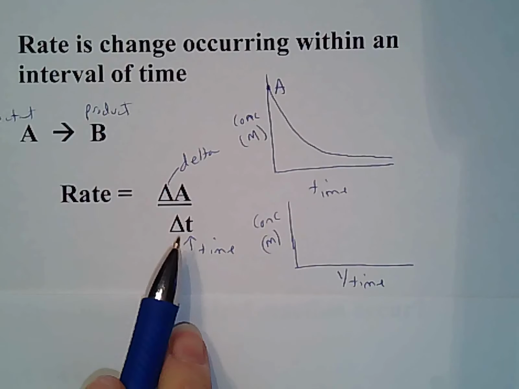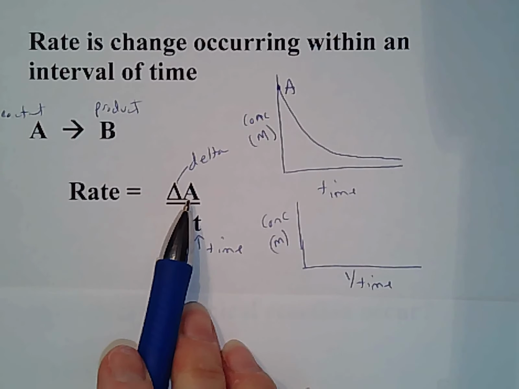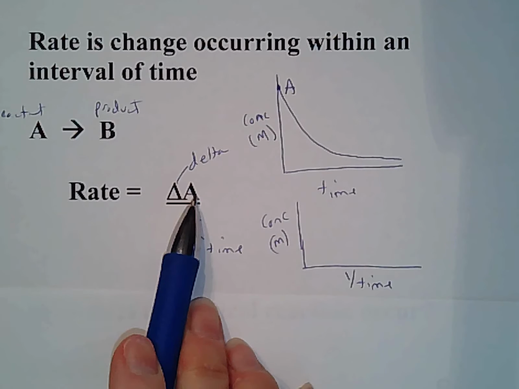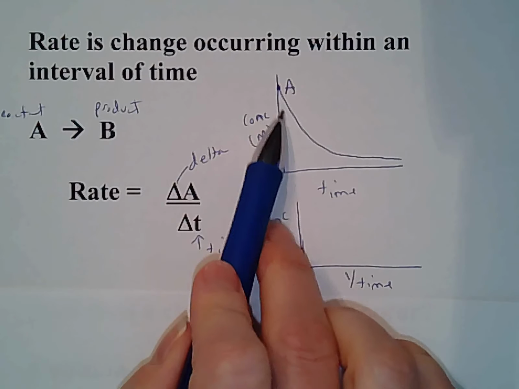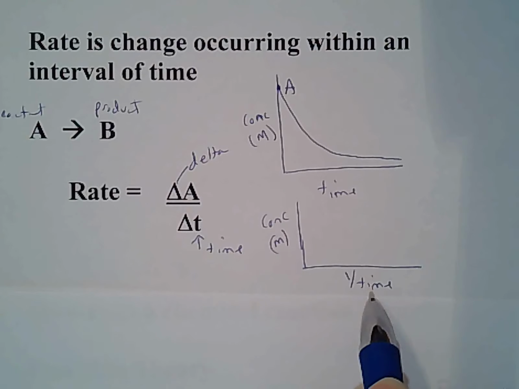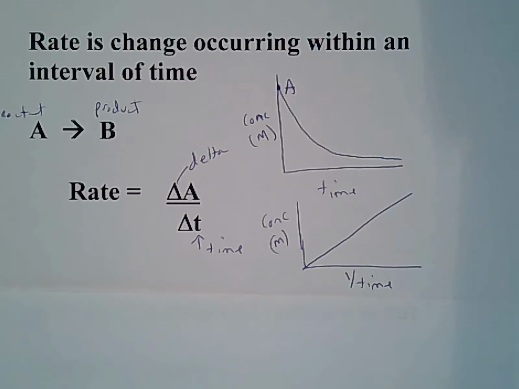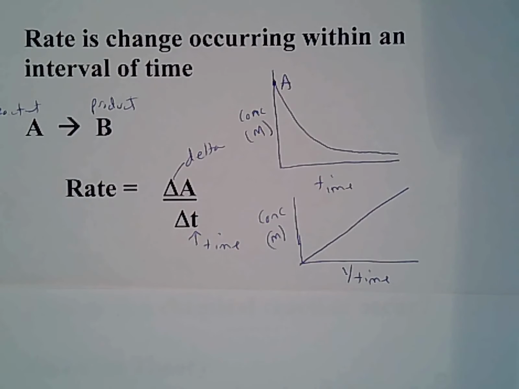Essentially rate is change over time, and what we look at mostly as chemists is how the reactant is changing over time. Since curves are not easy to predict off of, if we look at concentration versus inverse of time, in some reactions I'm going to get a linear graph.